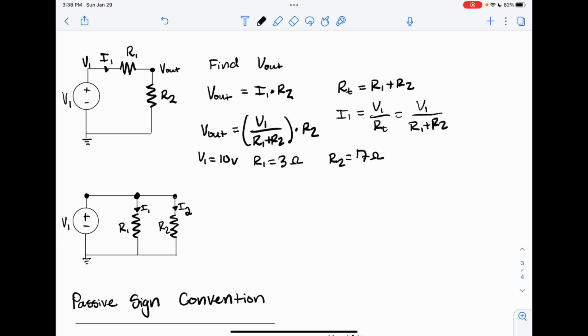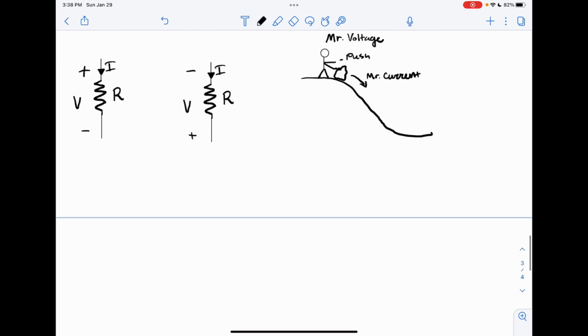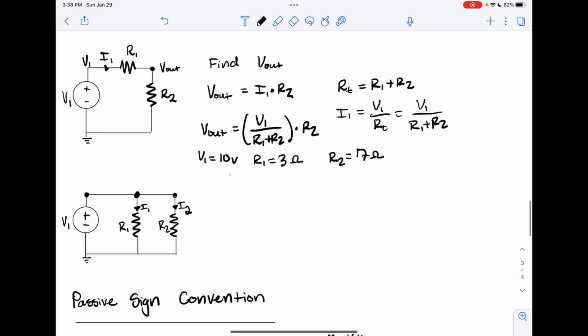Well, let's start by finding I1. I1 is equal to V1, so 10, divided by R1 plus R2, which is also 10, which is equal to 1 amp.